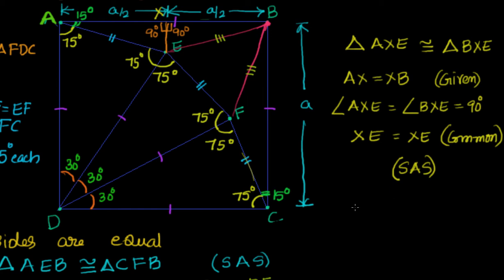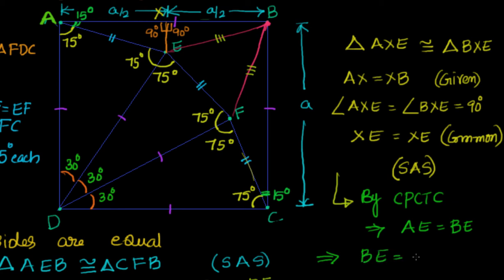Now by CPCTC, we know that if these two triangles are congruent, then AE should be equal to BE. If AE is equal to BE, then that gives us that BE equal to EF, that's equal to BF, which is nothing but what was to be proven, that triangle BEF is an equilateral triangle.